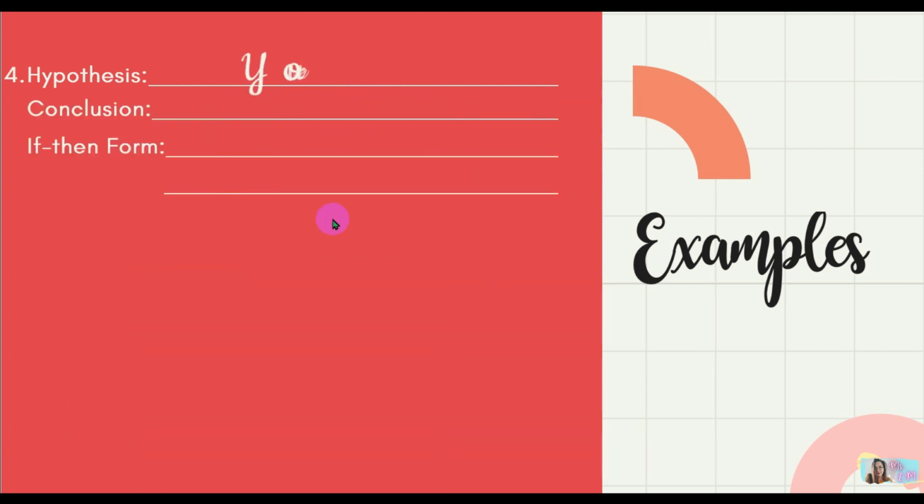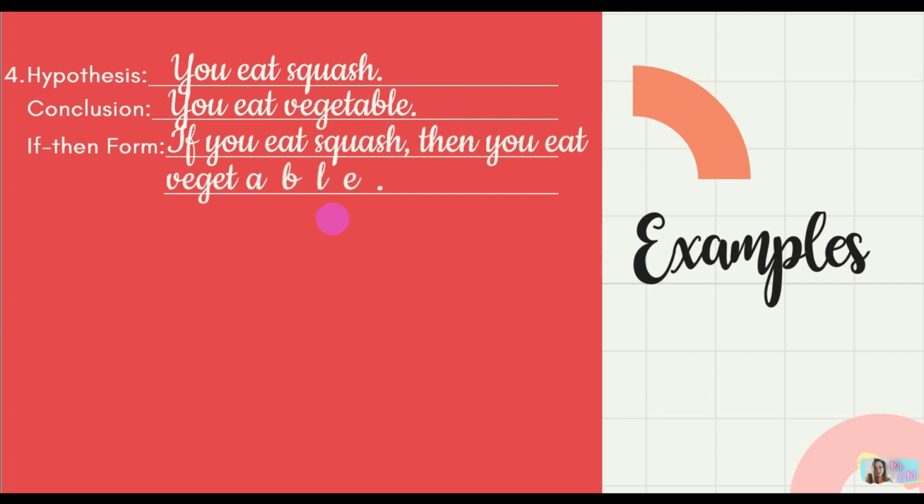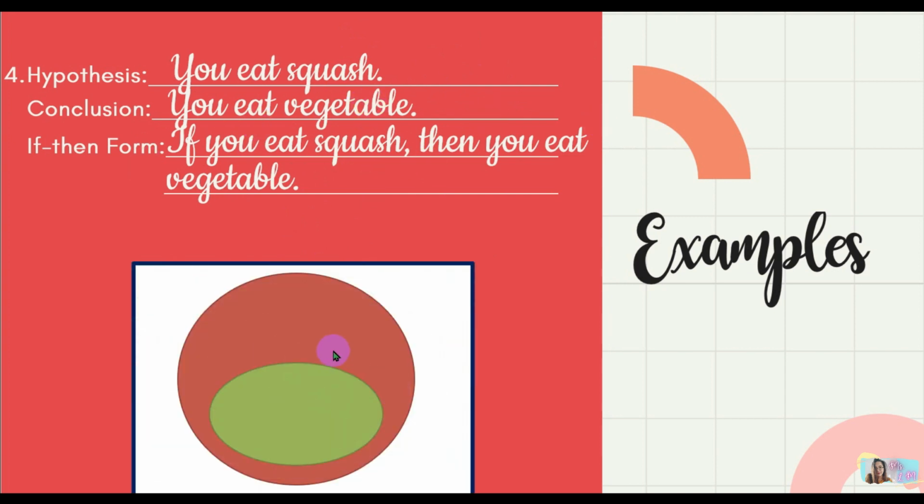Okay, last example we have here, you eat squash, you eat vegetable. If you eat squash, then you eat vegetable. How are we going to form the Venn diagram for this one? What is being talked about in the hypothesis is squash and in the conclusion, vegetable. So, the inner oval has the squash and the outer oval has our vegetable.